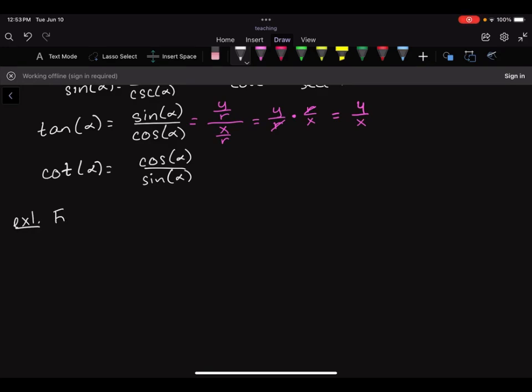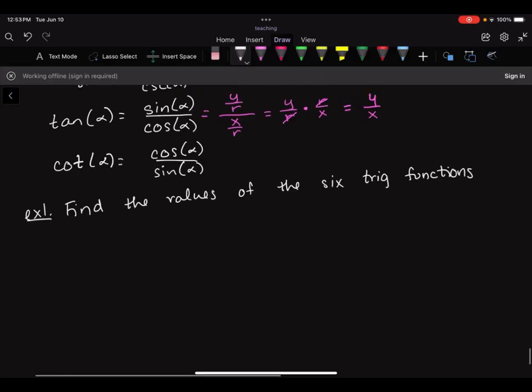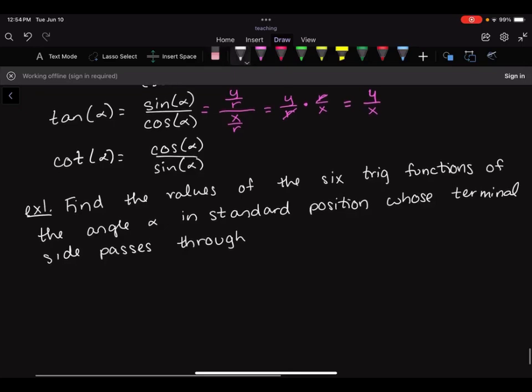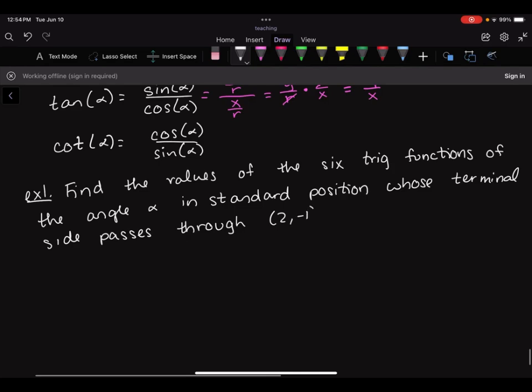So example 1, I'll say find the values of the 6 trig functions of the angle alpha in standard position whose terminal side passes through the point 2, -1.